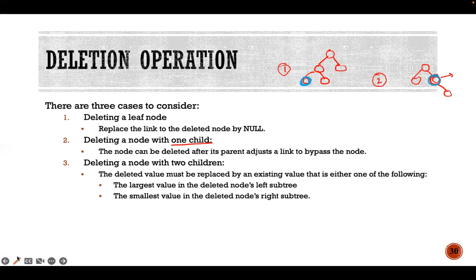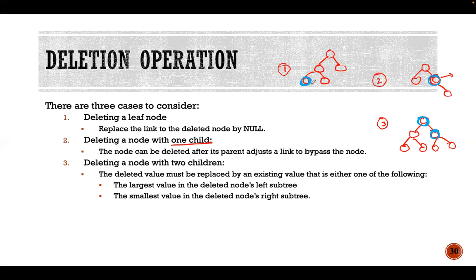The third option is that we are trying to delete a node that has two children. Say, for example, we are trying to delete this node that has two children. So that is our option three. And for example, this one also has two children, so this will also be our option three.